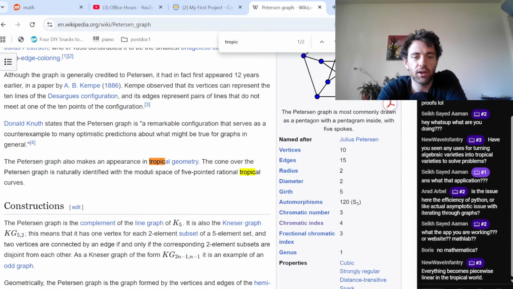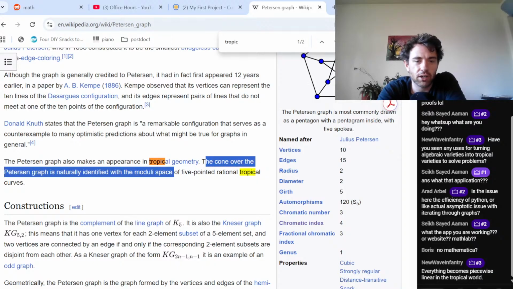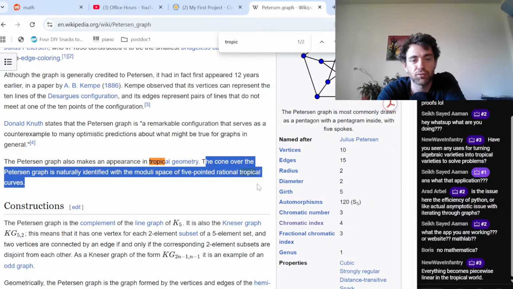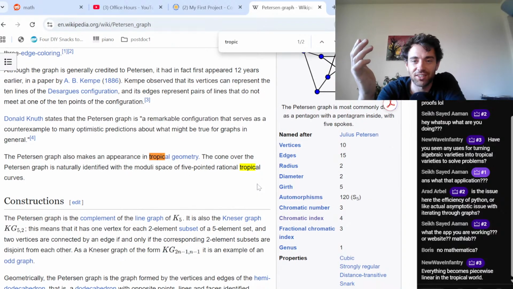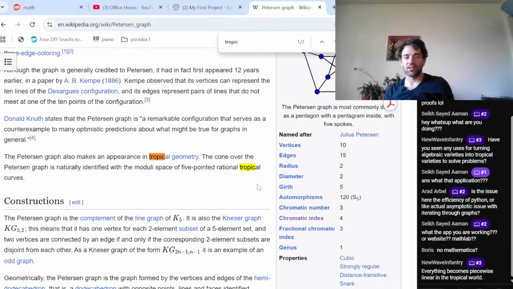But this line always caught my eye: the cone over the Petersen graph is naturally identified with the moduli space of 5-pointed rational tropical curves. I don't understand the statement at all. It sounds so cool. Especially because it's more interesting things about the Petersen graph. Yes, please.